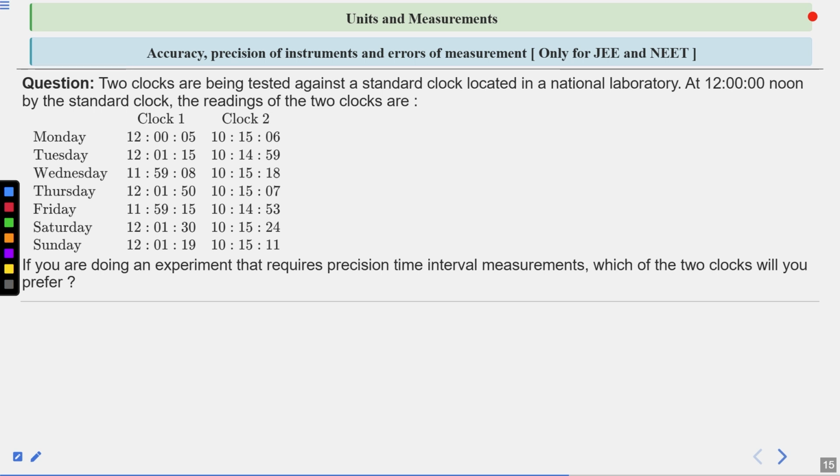So here we want to calculate the correct answer. If you are doing an experiment that requires precision time interval measurements, which of the two clocks will you prefer? So what is the mean value?